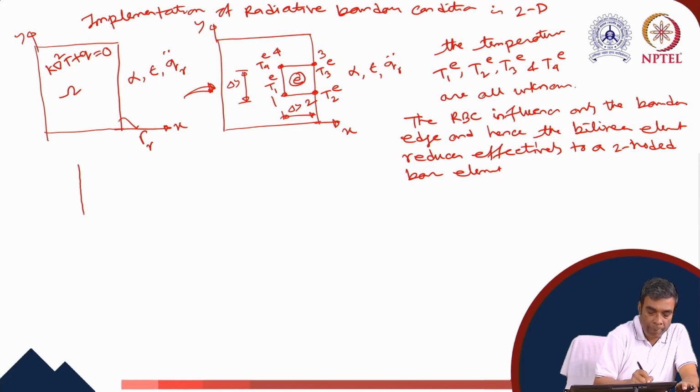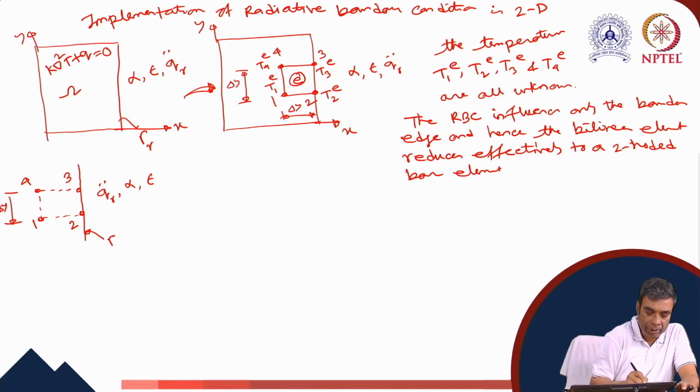So here we show the bar element with local nodes 2 and 3. These remaining edges we show as dotted, node 1, node 4. This is delta y. Here we have QR double dot, we have alpha and we have epsilon. So this is gamma RE. So the temperatures at the boundary are T2E and T3E.